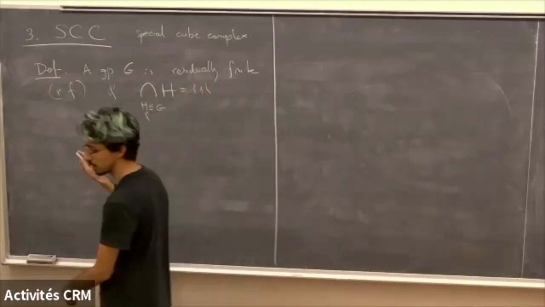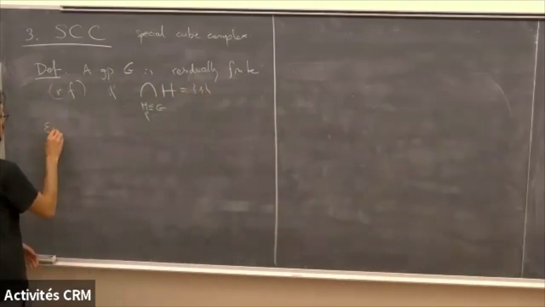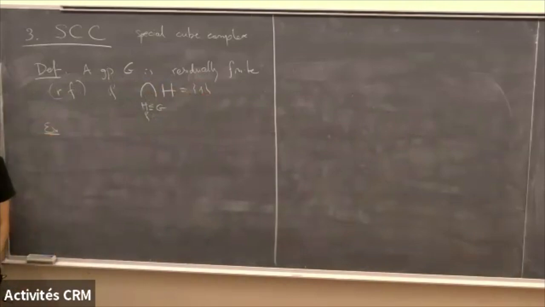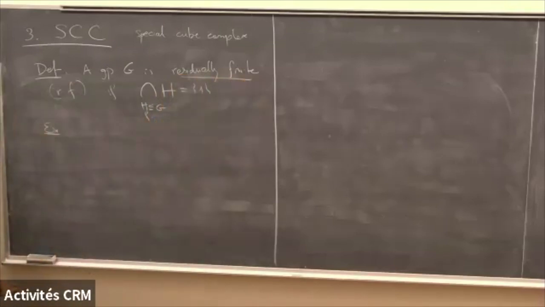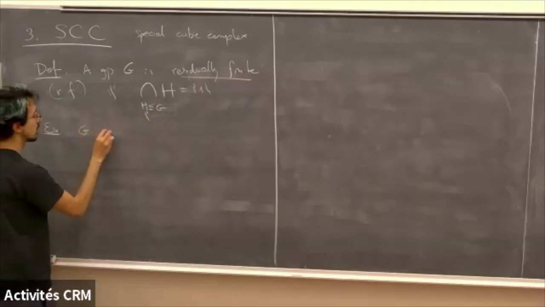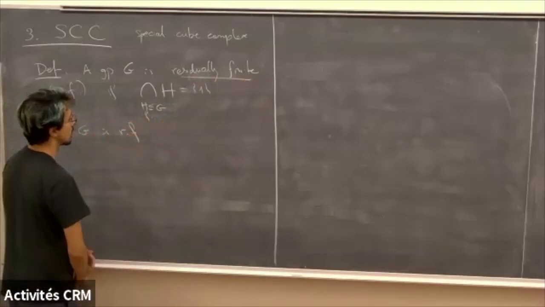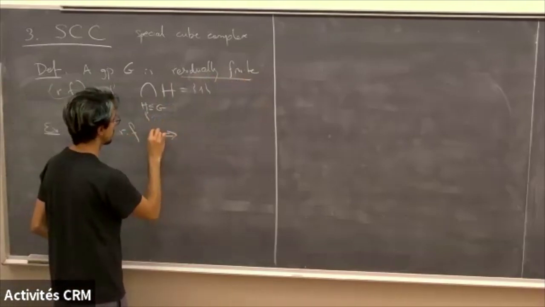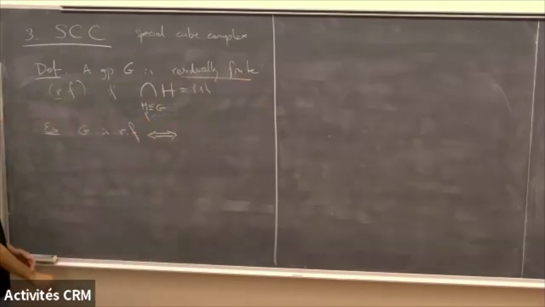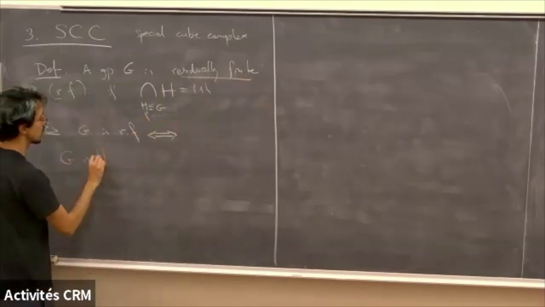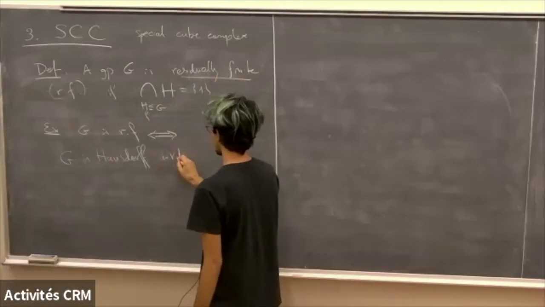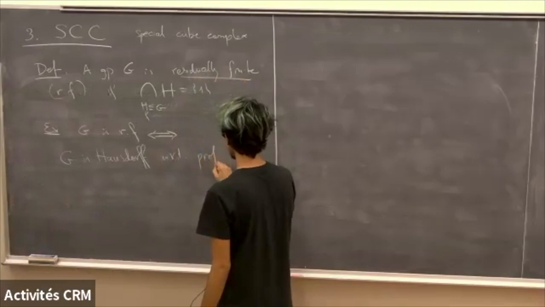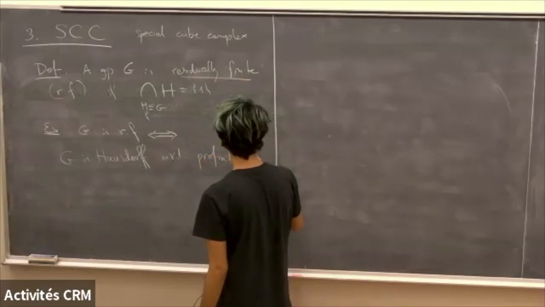Okay, so here is an exercise. Probably all of you saw this definition, but still, let me give the following exercise. G is residually finite if and only if G is Hausdorff with respect to the profinite topology.